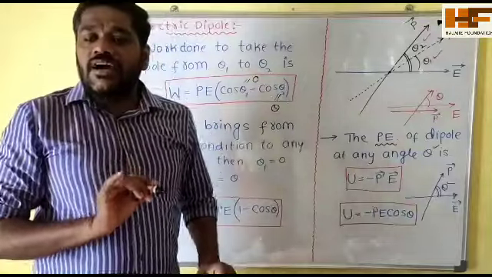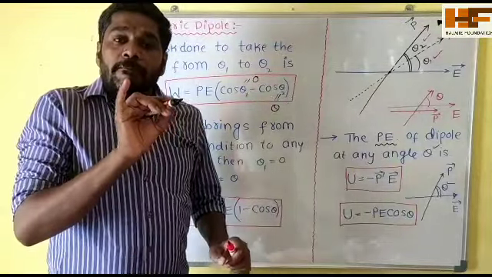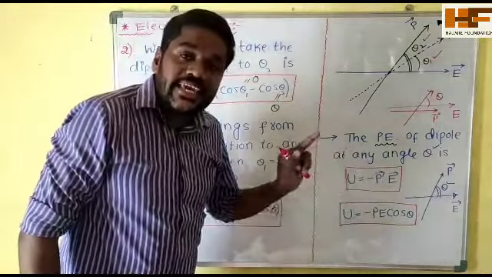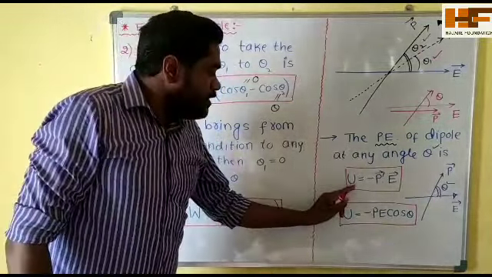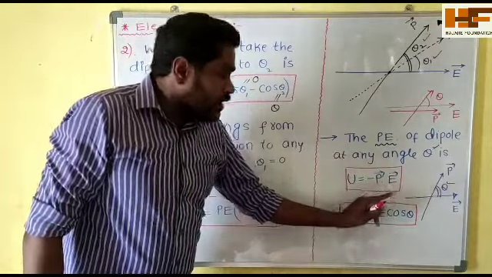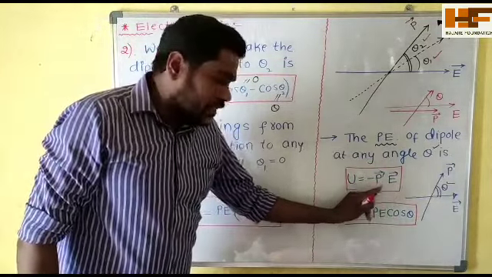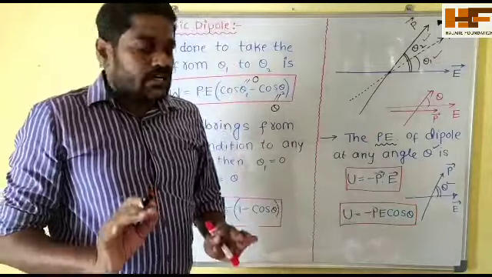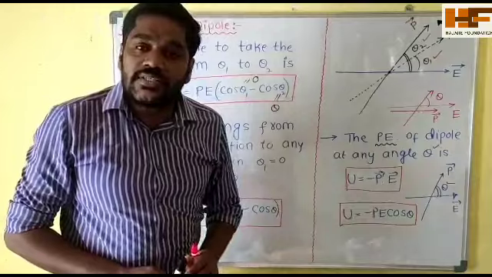In the torque, what I have given is tau equal to P bar cross E bar. That is a vector product, but energy is a scalar quantity. That's why potential energy U is equal to minus P bar dot E bar. So when you remove the dot product, it becomes U equal to minus PE cos theta. Okay? Now, how many formulas have we discussed?